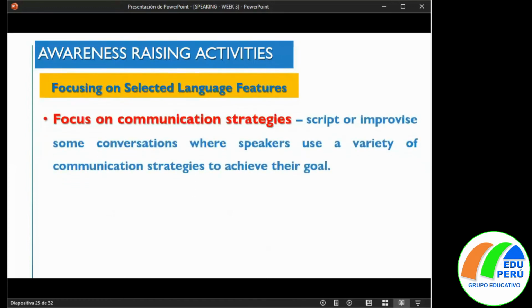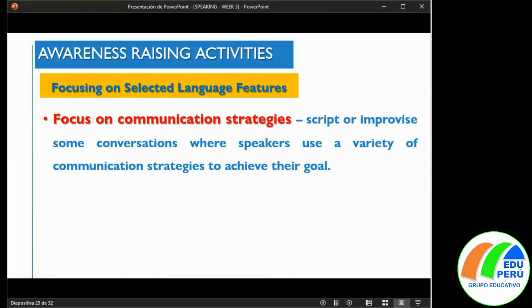Another one, focus on communication strategies. This is what we talked about before. Script or improvise some conversations where speakers use a variety of communication strategies to achieve their goal.